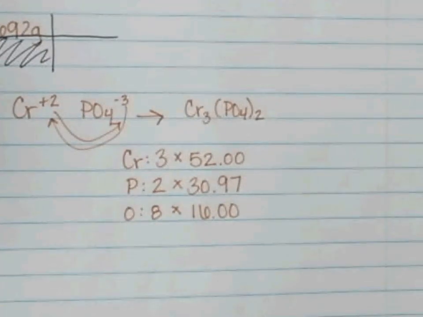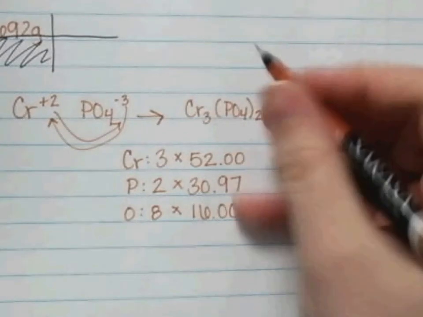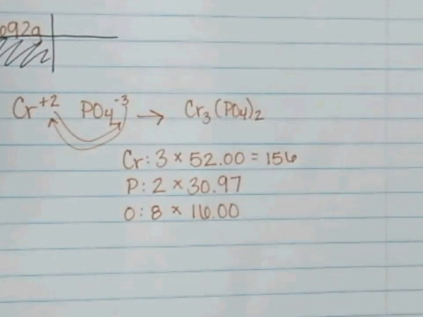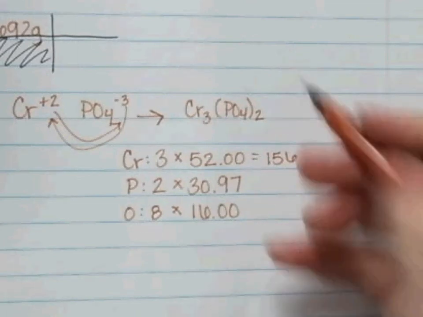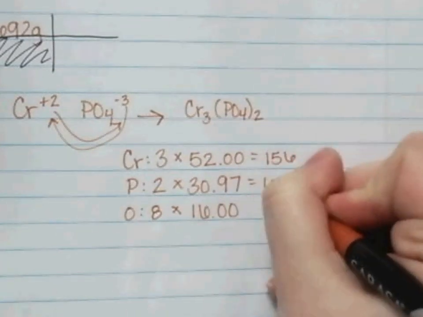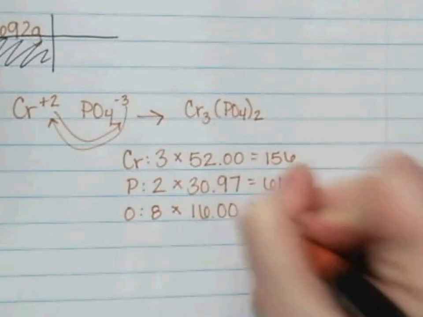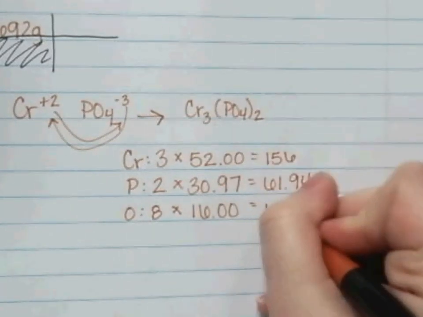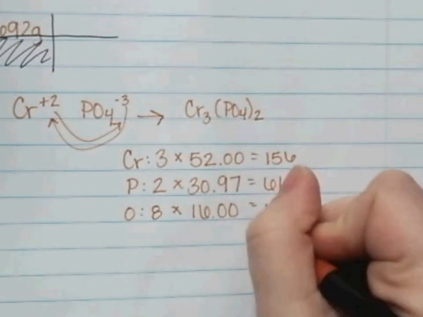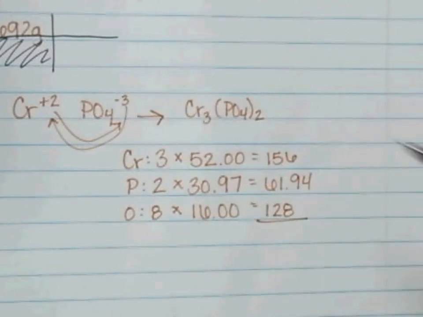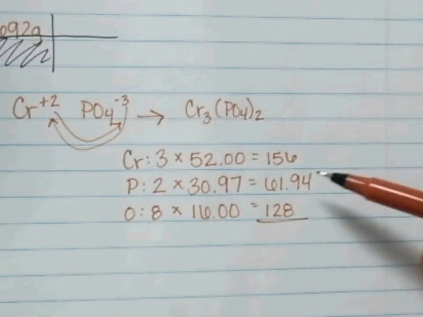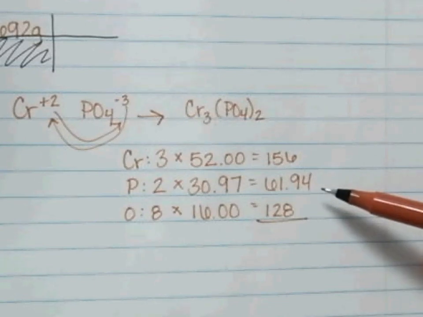All right, now that I have these in here, I need to do a little work on my calculator. So I'm going to go ahead and multiply 52 times 3, and you get 156. 30.97 times 2, you get 61.94. And 16 times 8 is 128. Because I have multiple elements for this one, I have to add all of these together to get my molar mass.